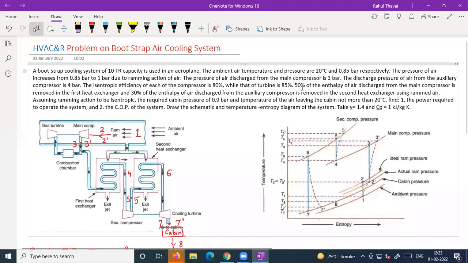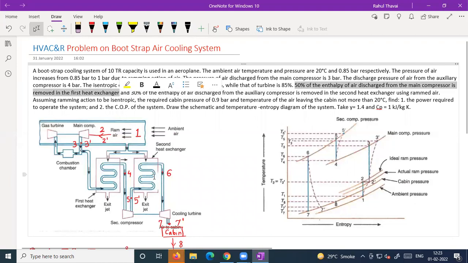50% of the enthalpy of the air discharged from the main compressor is removed in the first heat exchanger. What is mentioned? That means we will get the value of the enthalpy. Can anybody let me know what you can understand by this statement? See, 50% of the enthalpy of the air discharged from the main compressor is removed.